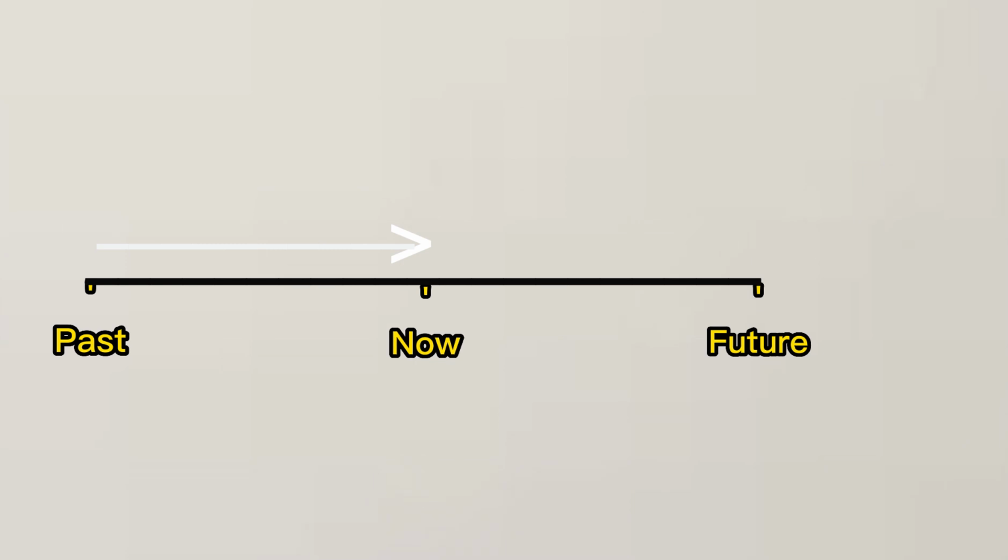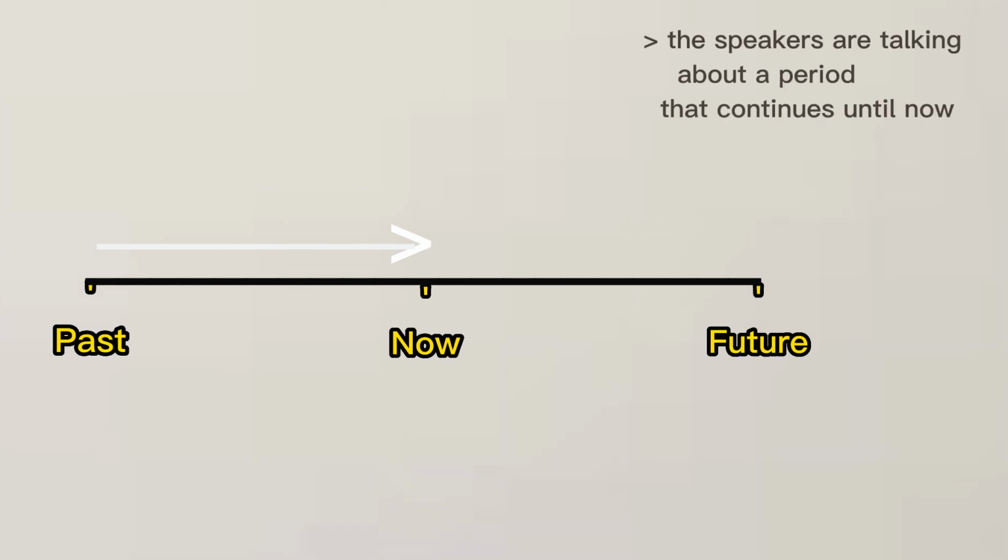In the following examples, too, the speakers are talking about a period that continues until now. So you can also use adverbs of time, which are recently, in the last few days, since, and so far, and then you can also say for.